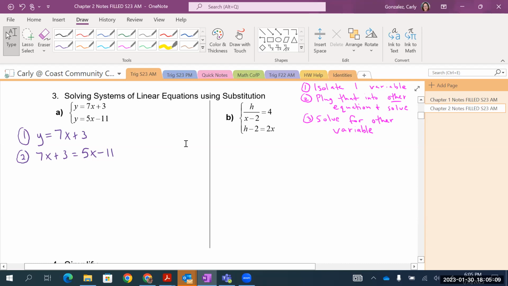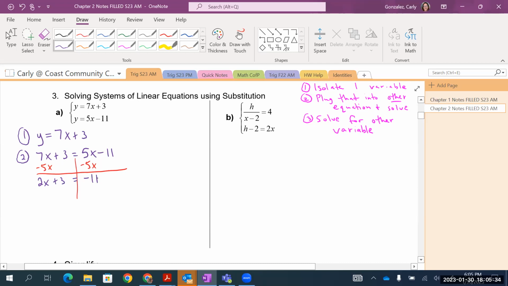So now we have a linear equation, and what's really cool about this is now we only have one variable. So we're back to old news. Let's get all of our variables on one side. I will go ahead and subtract 5x from both sides. And now I have 2x plus 3 equals negative 11.